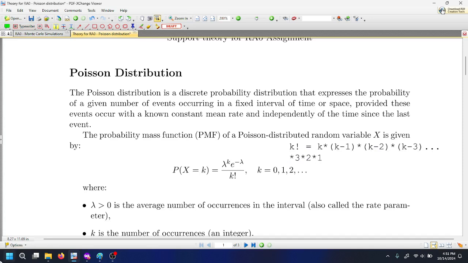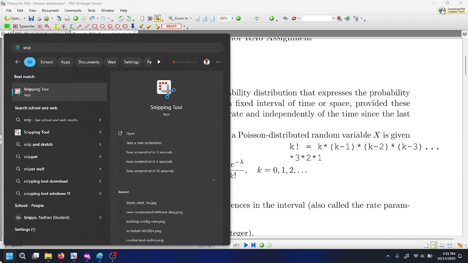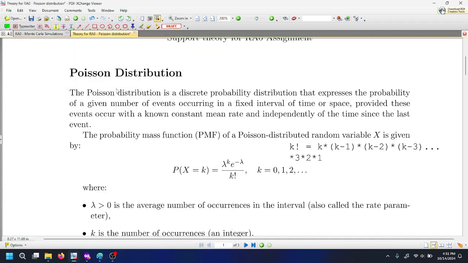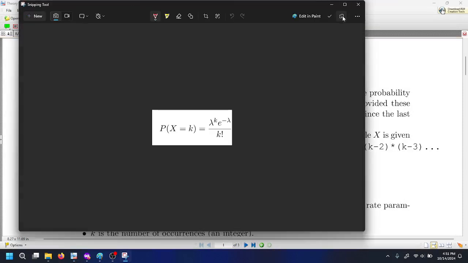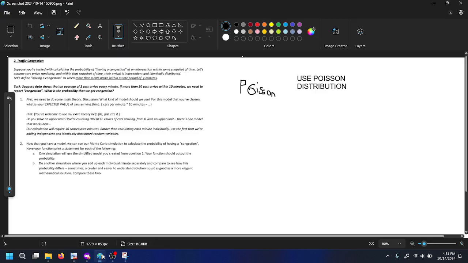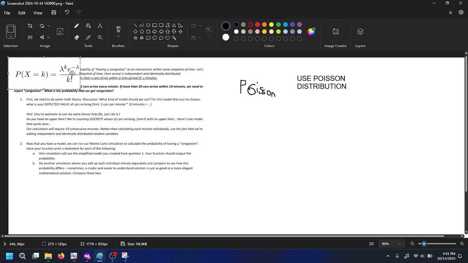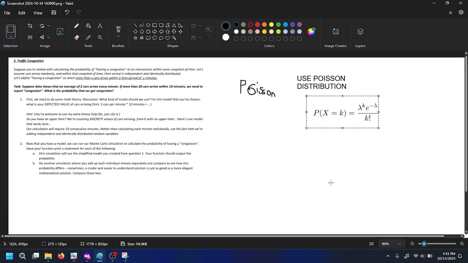So what I'm going to do is borrow this probability mass function and toss it into Paint here, just so we can work off of it. So we need our rate parameter to determine the probability that our Poisson distributed variable equals some value that we're after.